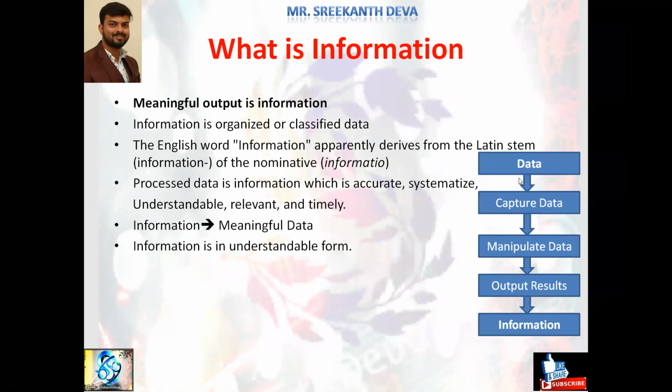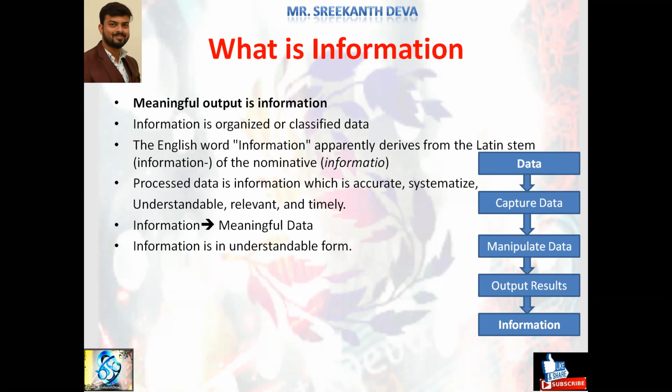Everyone try to remember this point. We always give instructions to the computer in the form of data. We call data raw facts. Data may be numbers, symbols, images, audio, video, any kind, related or unrelated, that we get from the real-time environment.